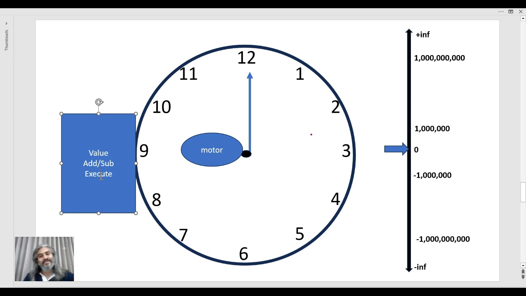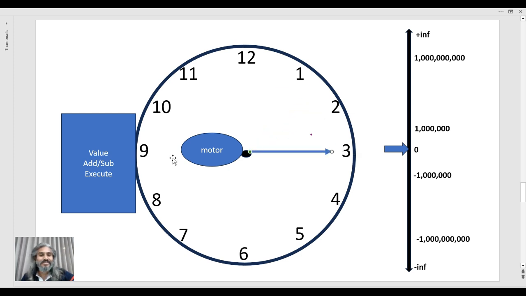Imagine the user has entered some value and said add. So add 3. The pointer is at 3, the motor takes that input and rotates it 3 units clockwise, 1, 2, 3, and then we are at 3.